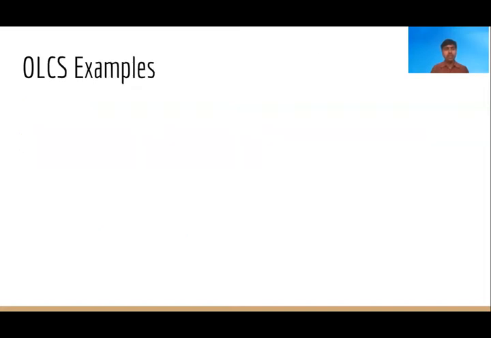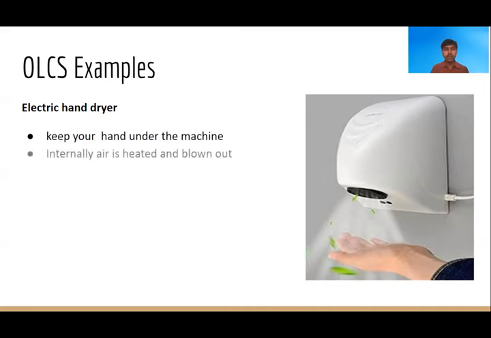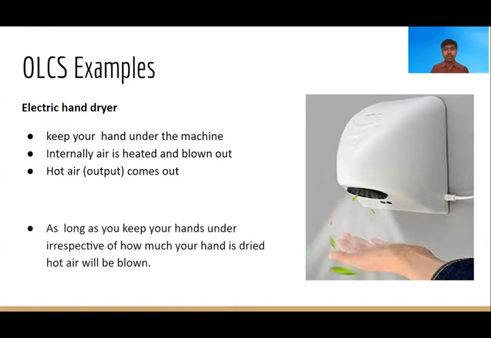Now we'll see some examples of open loop control systems. What is this example? It's an electric hand dryer. When you keep your hand under the hand dryer machine, internally the air will be heated and blown out continuously, and hot air comes out to the hand and the hands will be dried.